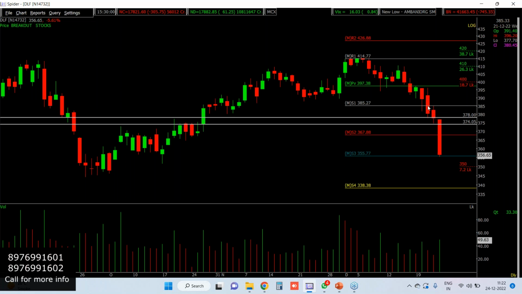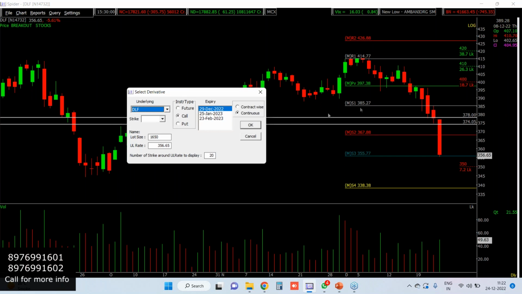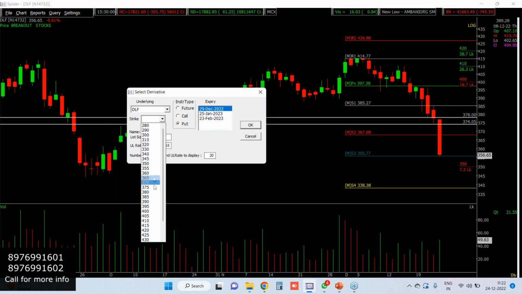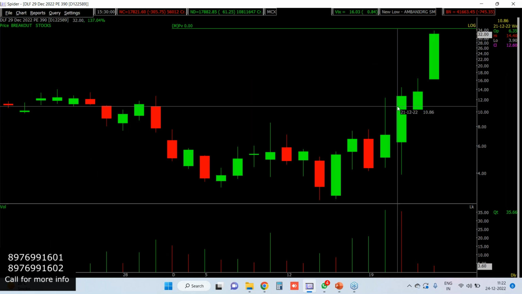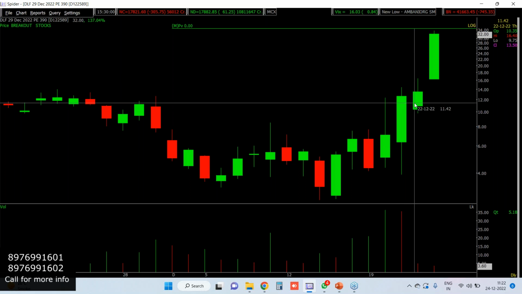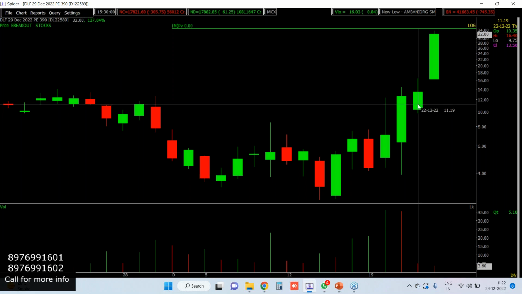While giving a breakdown, if you see the options contract of this particular thing, we will be going for the in the money options. So 390 put, 21st. As you can see from the date of the 21st, definitely you will be buying this particular option on the very next day, the 22nd.